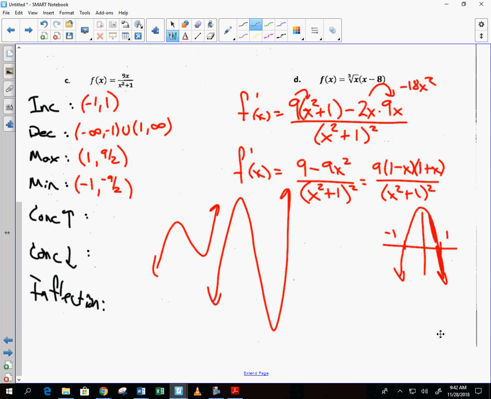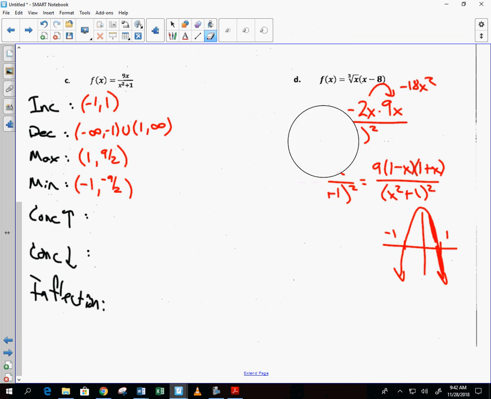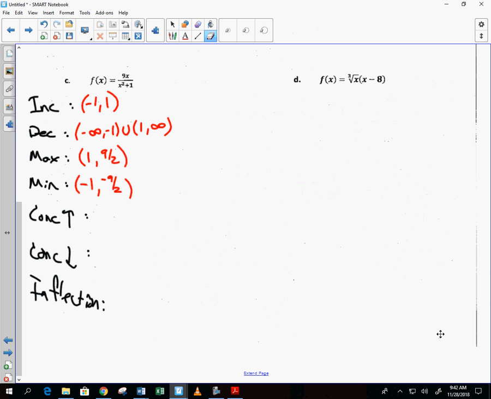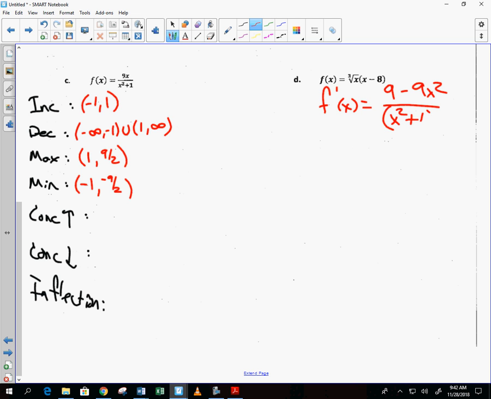Okay? Shoot, I got to find a second derivative, don't I? So it looks like f prime of x was equal to 9 minus 9x squared over x squared plus 1 quantity squared. What rule do I have to use in order to find that derivative? Quotient rule again. What's the derivative of the top?